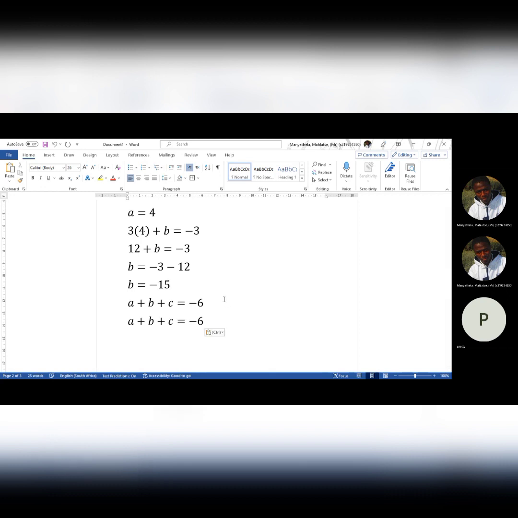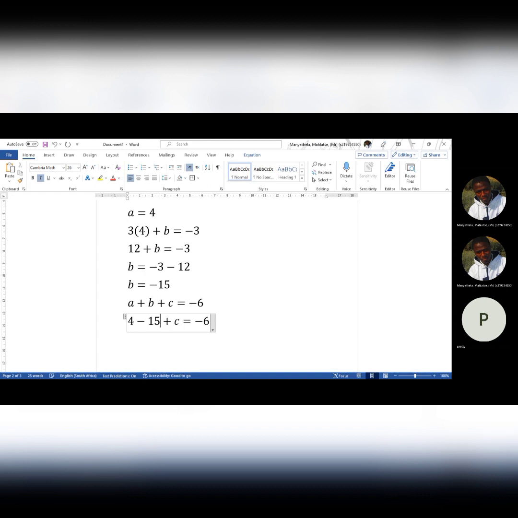The value of a is 4, then the value of b is negative 15. The value of c is what we are looking for.